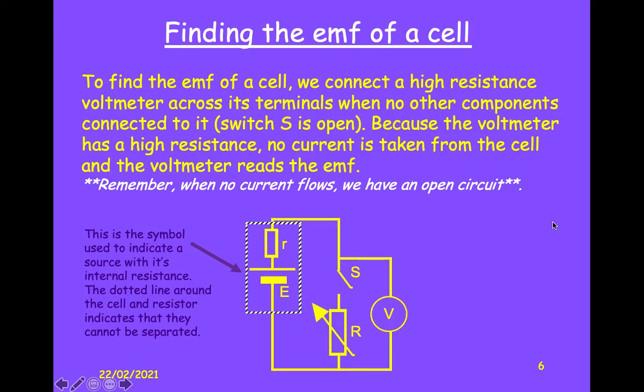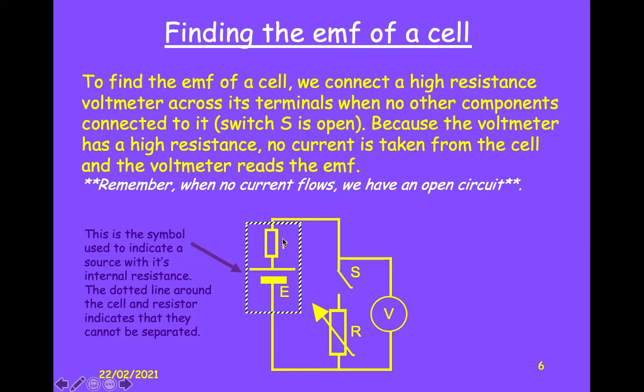To work out what the e.m.f of a cell is, we can either connect a voltmeter directly across a power supply or a cell, or we can connect it into a circuit but just have the switch open to start with. So this switch is open, which means this voltmeter is essentially just connected from one side of the cell to the other. Mr. Mitchell's done a video that goes through this as well, so you'll see he has done the experiment in class. You notice that the cell's drawn slightly different to normal.